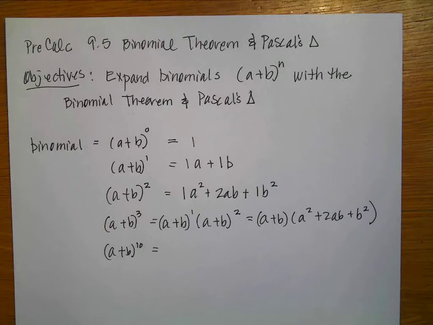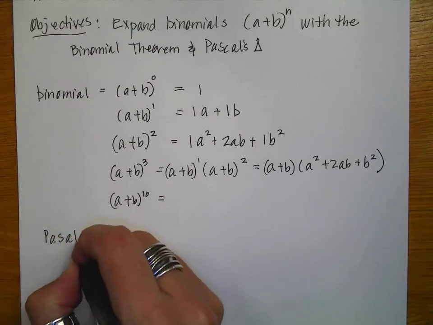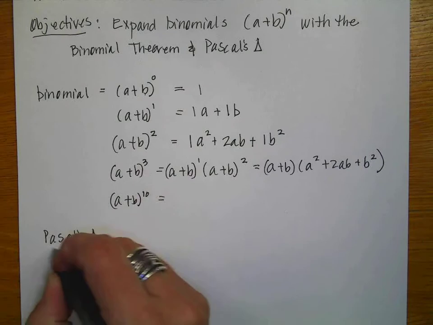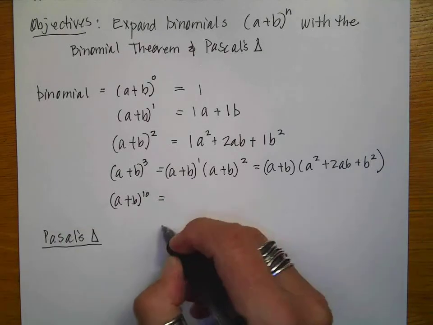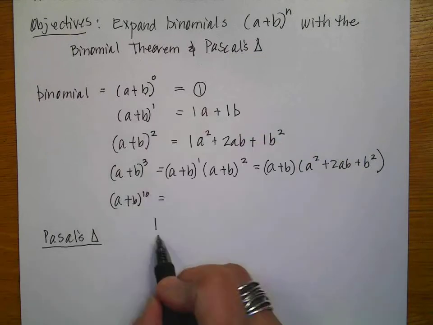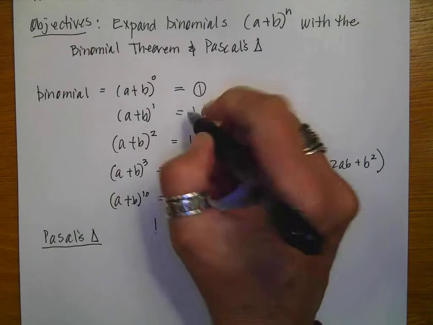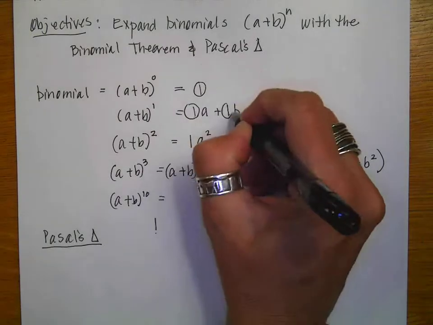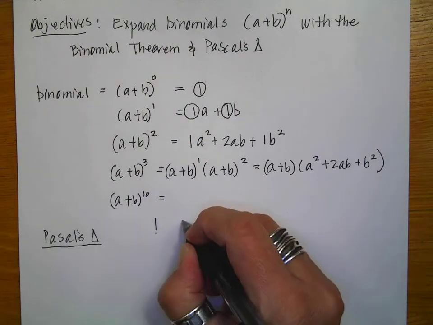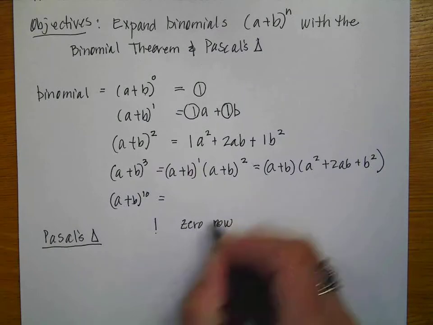So there's an easier method, and the first thing that I'm going to talk about is Pascal's triangle, because it's really a cool math piece of trivia. So notice that when I did a plus b to the 0, I got a 1. And I'm just going to look at the coefficients. I'm going to call this the 0 row.